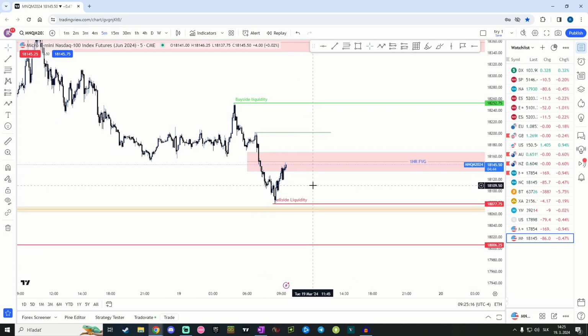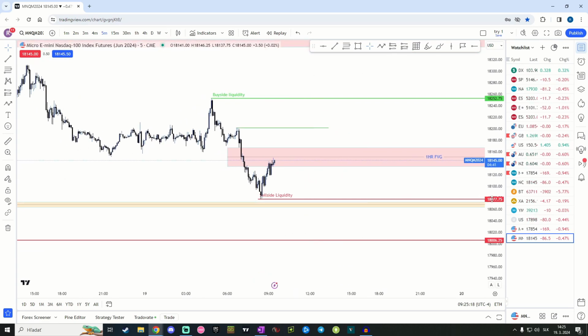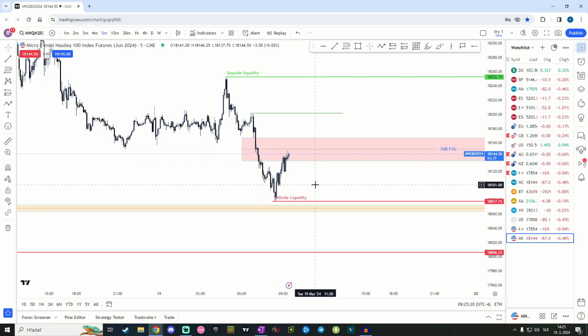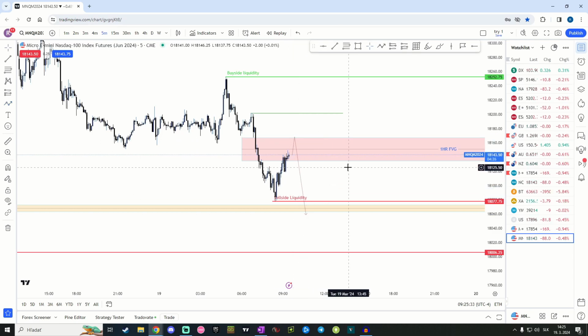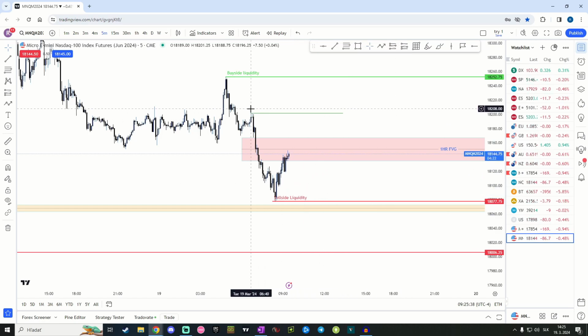I will now just watch it for a few minutes, see how we open at 9:30, and we will go from there. What I favor, what will happen at 9:30, I think when we open, we might trade up a bit and then go down. That's what I think. Maybe sweeping this high, or maybe just trading inside these inefficiencies and then go lower.